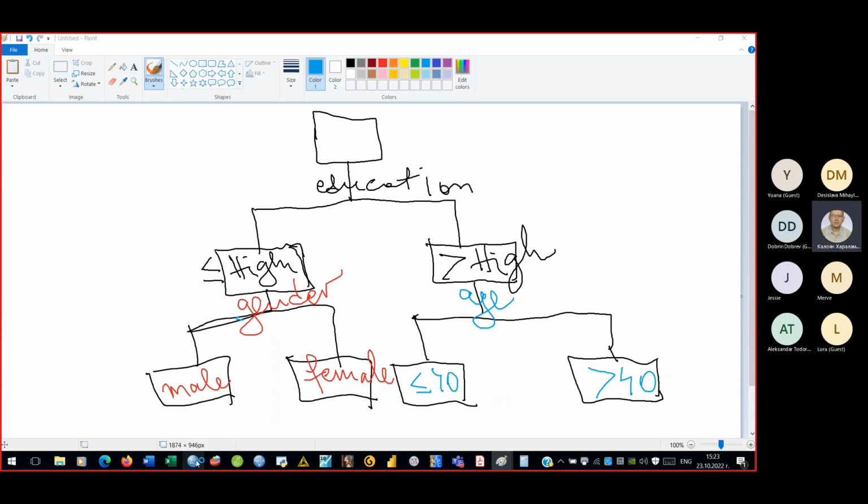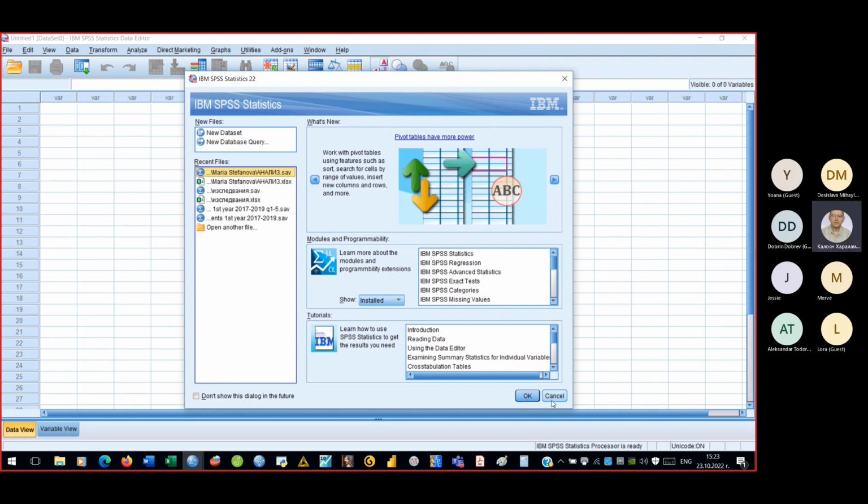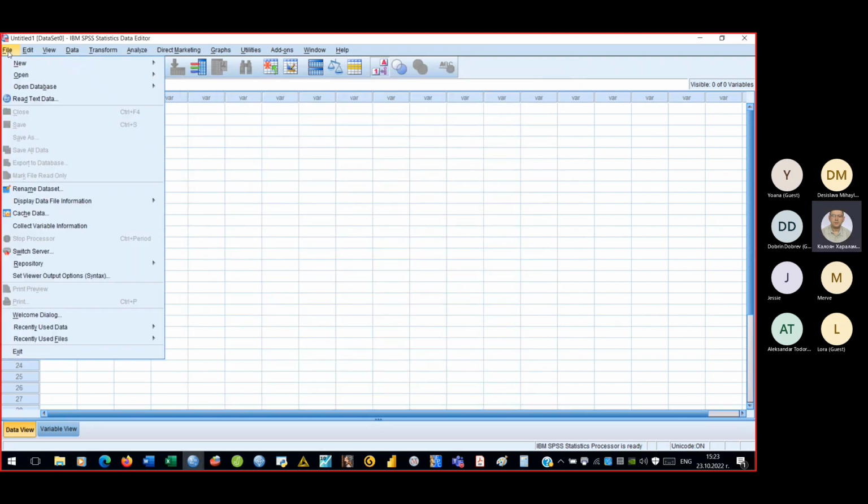So I will open SPSS. And we'll open the file.